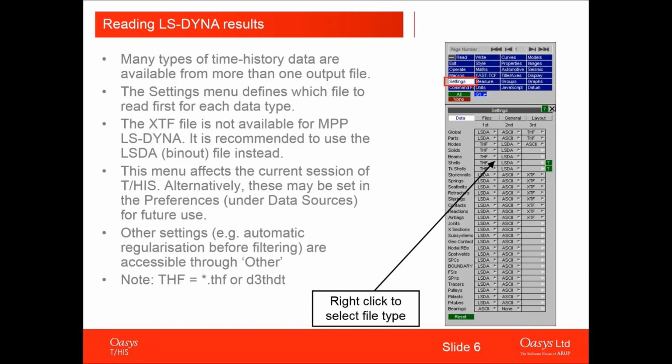So that's all fine. It is important to know that when you are setting up your post-processing in your company or for a particular project, you should be consistent with the order in which files are read, because, as I said earlier, DYNA will output the files in slightly different ways.